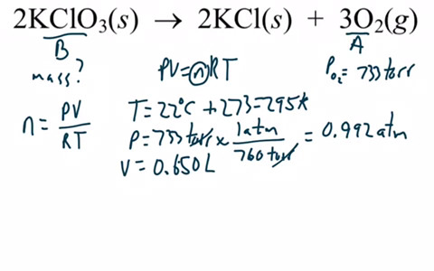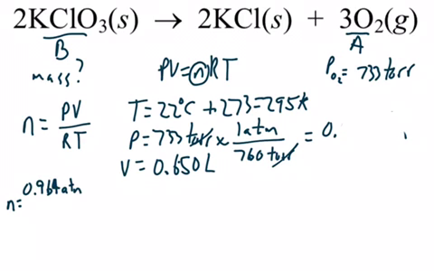Okay, so here's what we got to do. Let's plug the numbers into the ideal gas law equation. So the moles is going to be the 0.964, and that's going to be atm. Oh, you know what? I apologize.